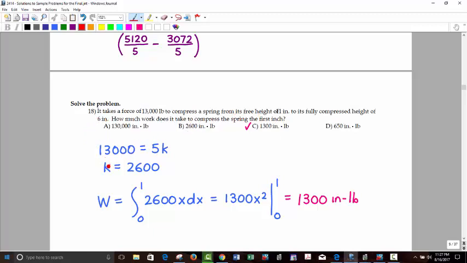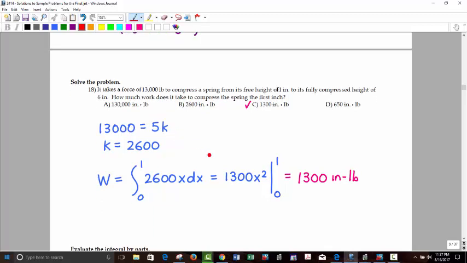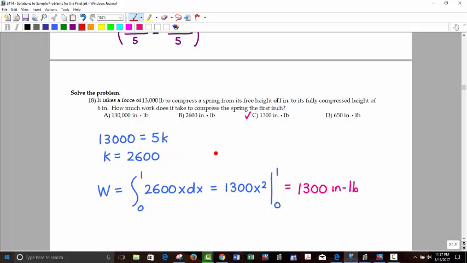So we need to get this k using the force: 1300 equals 5 times k. And then k is going to be 2600. Once you get it set up right, the functions are easy to integrate because you're just integrating f of x dx, the force function, kx dx basically. So 2600x dx from 0 to 1.